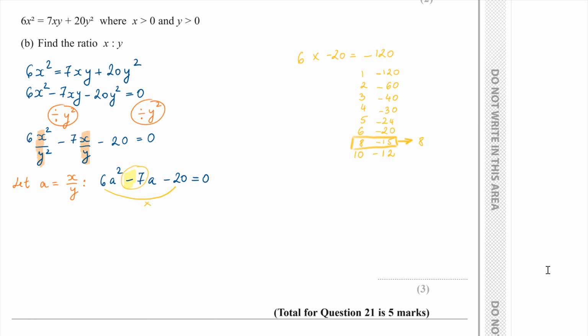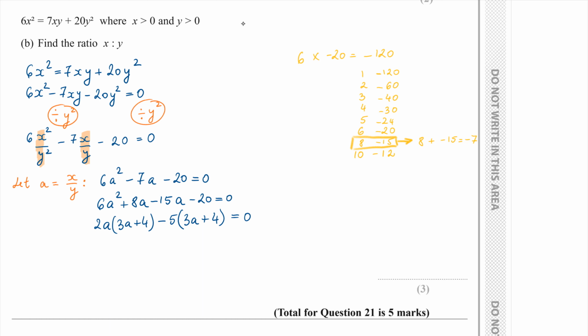This is 8 plus minus 15. Now we rewrite the minus 7a as 8a minus 15a. Then we factorize the first two terms and the last two terms separately. 6a squared plus 8a becomes 2a bracket open 3a plus 4, and minus 15a minus 20 becomes minus 5 bracket open 3a plus 4 bracket closed.